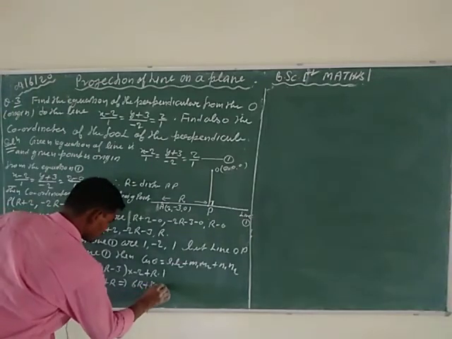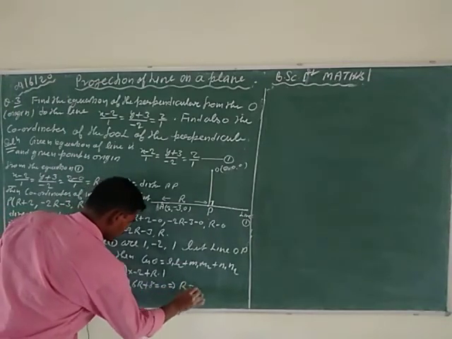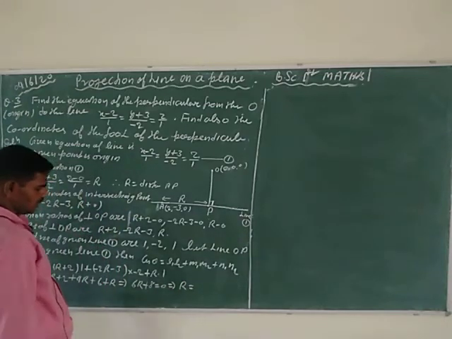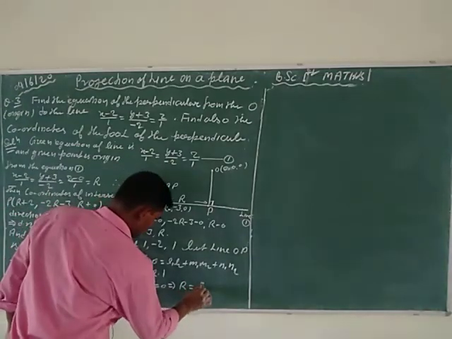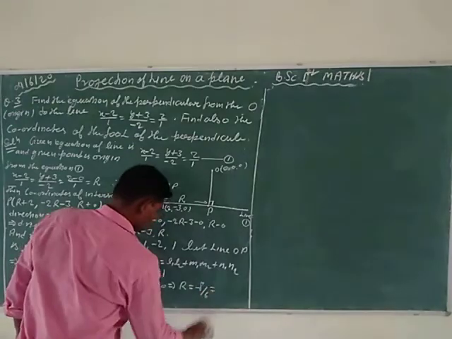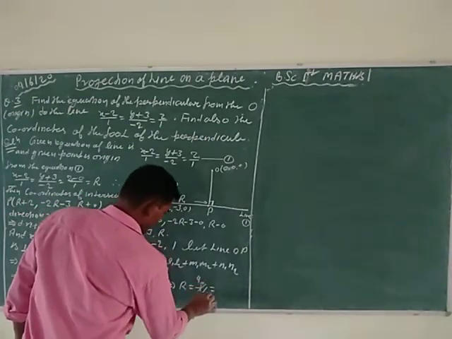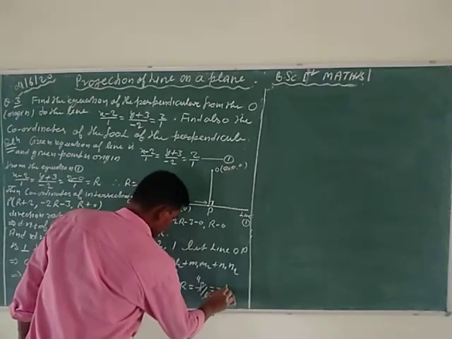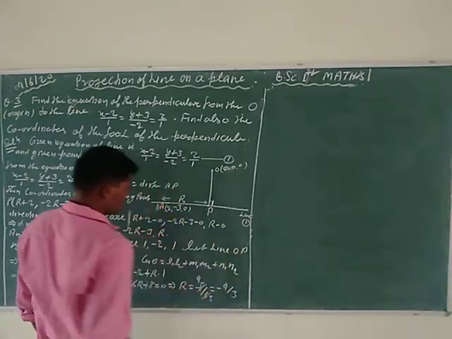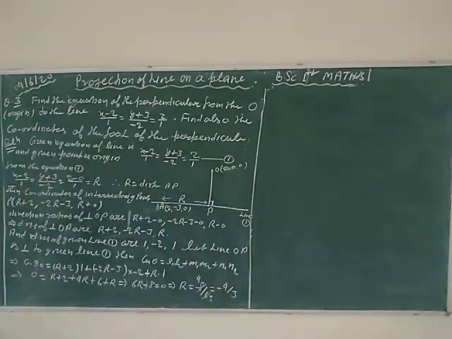So 6r plus 8 is equal to 0. It implies that r is equal to minus 8 by 6, which after simplifying is minus 4 by 3. So r is equal to minus 4 by 3.